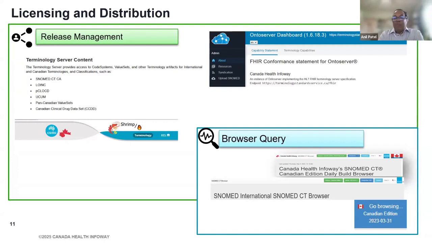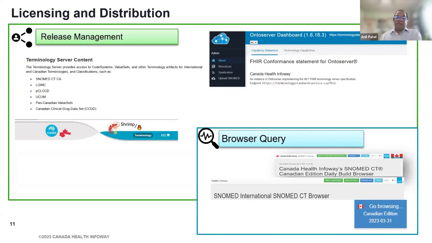On the top right, you can see an idea of the OntoServer dashboard. I think we'll be going into that deeper if we have time. It allows you to get access to all sorts of information, a very open tool. It's also syndicated onto the HL7 FHIR domain, so it's not just available to Canada, but available globally now.